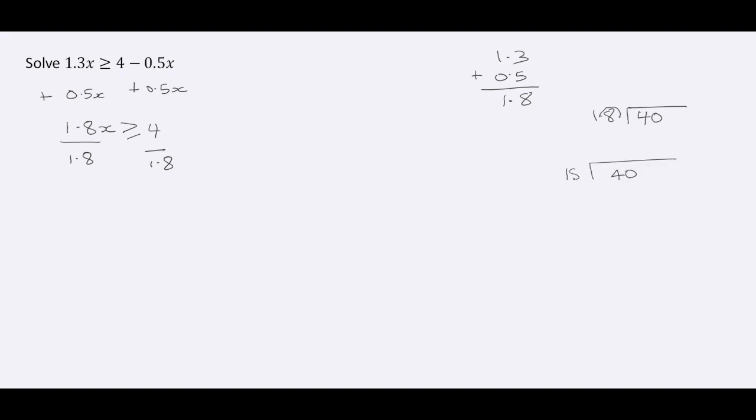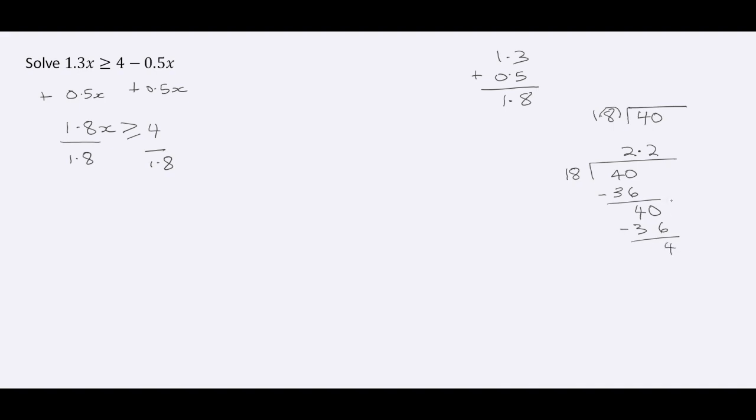So now we have 40 divided by 18. We have 2 times 18, that's 36. We're going to subtract, that's 4. And this is less than 18, so we put a 0 here and put a decimal right here. 40 divided by 18, we have 2. 2 times 18, we have 36.